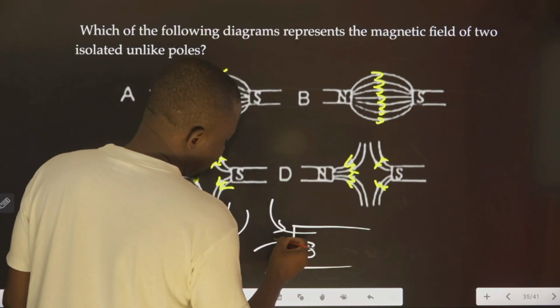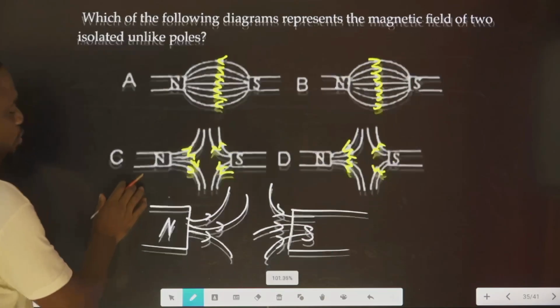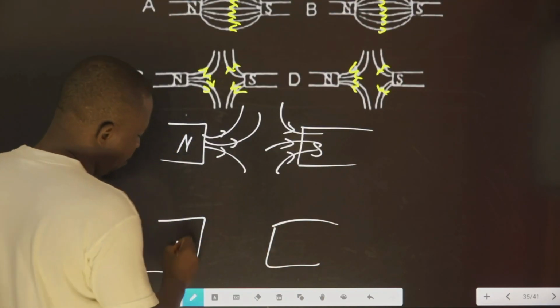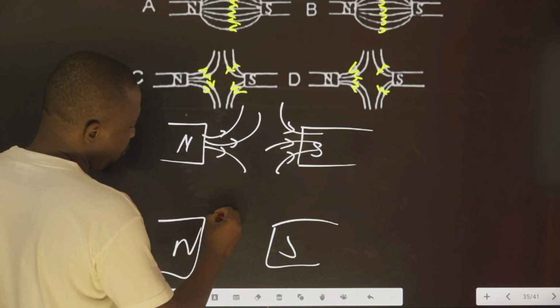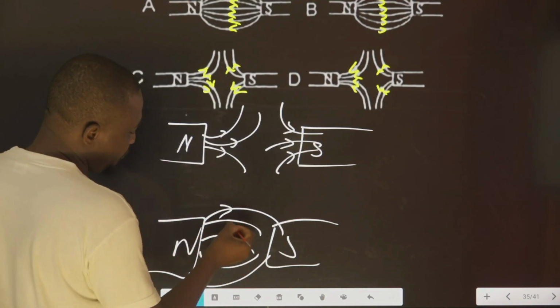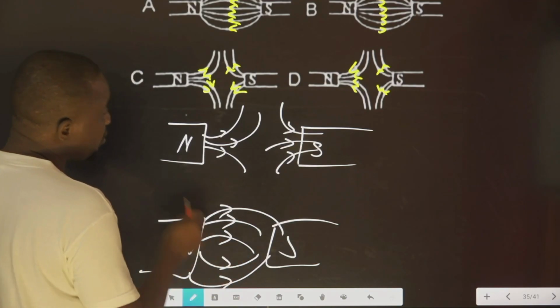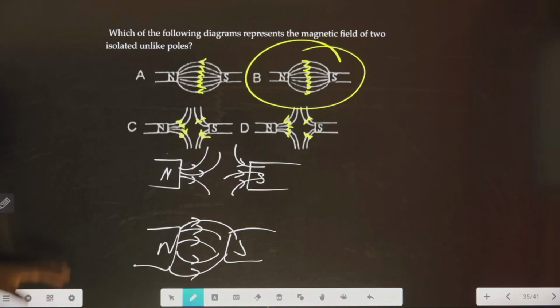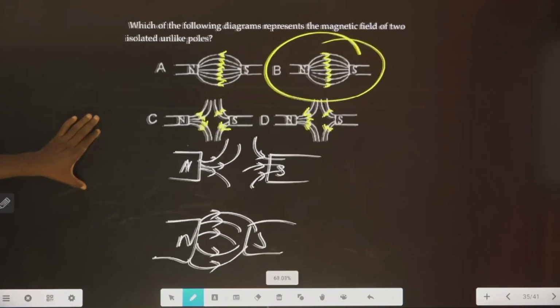Let's put it like that. It's a receiver, okay? So when you bring these two together, it means therefore, between North and South, there will be a flow of magnetic field in this manner, coming from North to South. Check the diagram now. This is the option that is correct, okay?